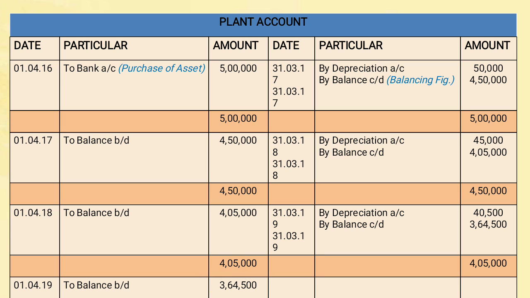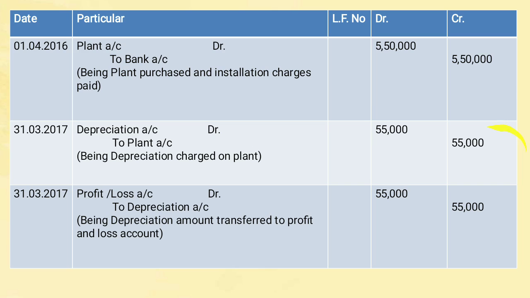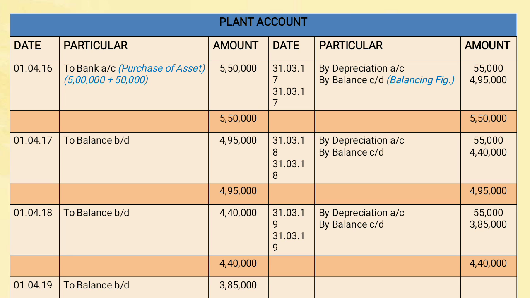So in the straight line method, the amount of depreciation remains fixed, but in the reducing balance method, the amount of depreciation continuously decreases, as 50,000, as 45,000, as 40,500, and accordingly we have to pass journal entries.